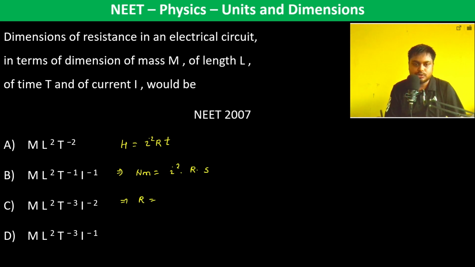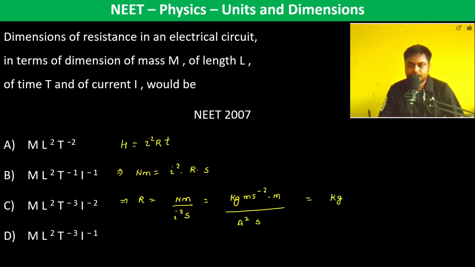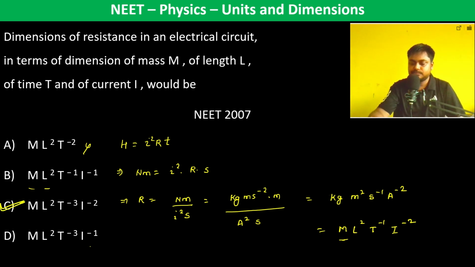Therefore the resistance is Newton meter by I square second, which is kg m s^-2 into m divided by ampere square second, which is kg m square s^-3 A^-2, so M L square T^-3 I^-2. The T should be minus 3 and I should be minus 2. Therefore C option is the correct one.